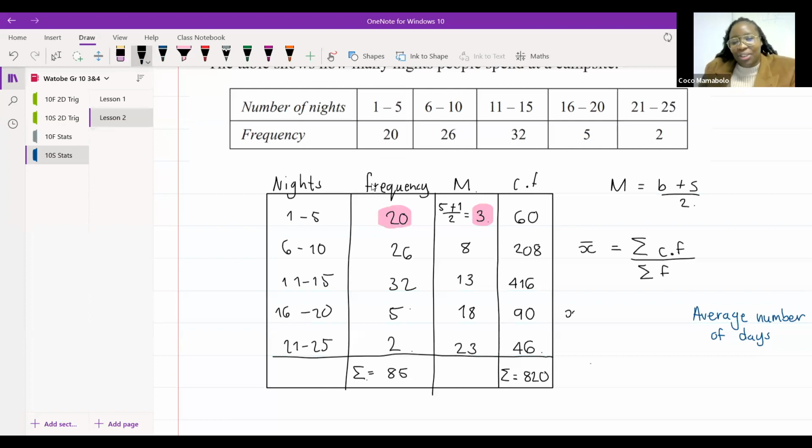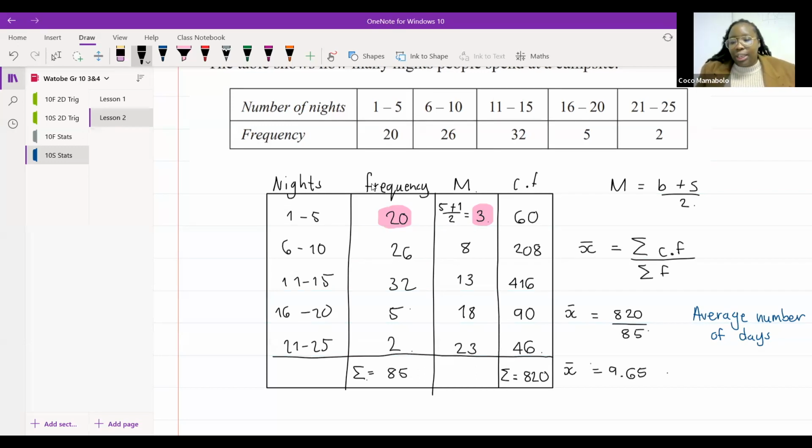Okay, so the mean is equal to the sum of the cumulative frequency, 820, divided by the sum of the frequency, 85. Therefore, our mean is equal to what? Pascal's already given me an answer. Beautiful, 9.65.